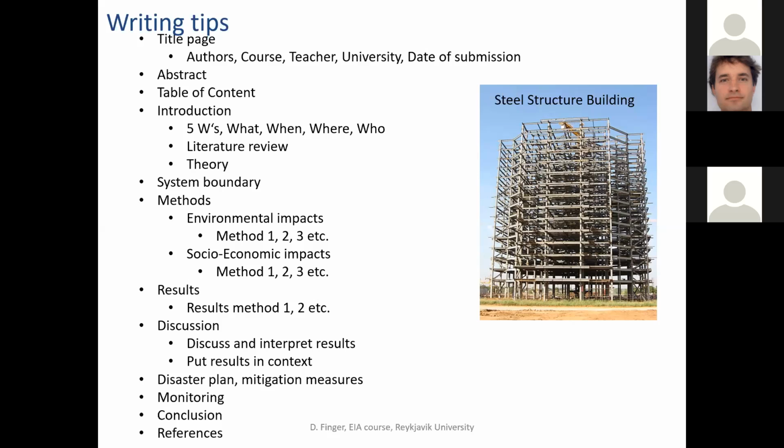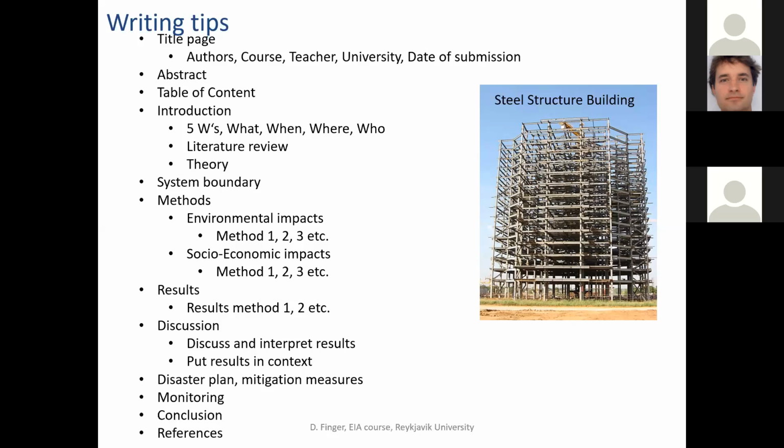It's important to separate results and discussion, because then you are objective in the results. You simply provide the results, and in the discussion you can become more subjective or discuss why you think environmental impacts are acceptable or not regarding your plan.